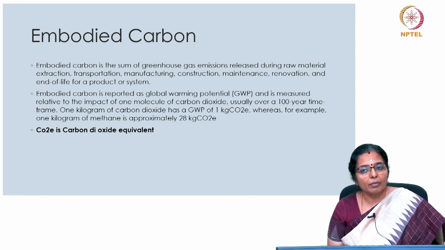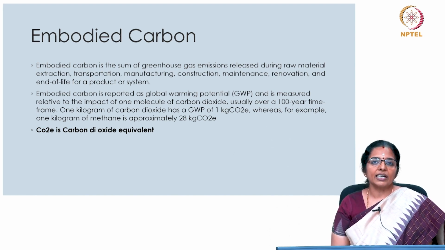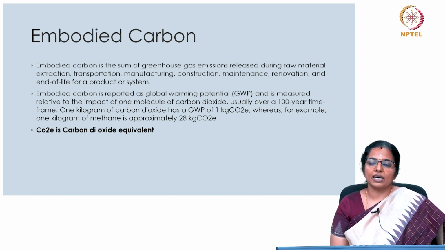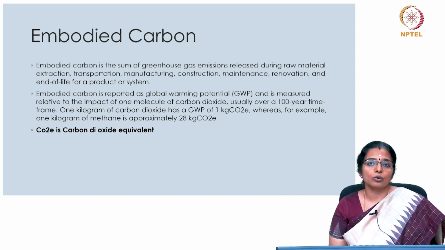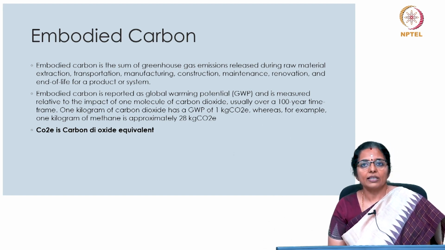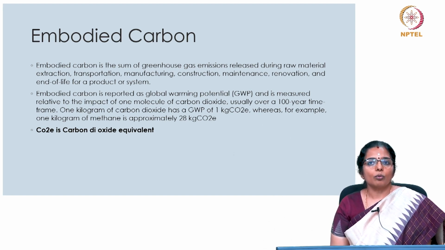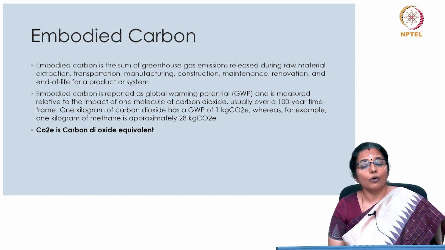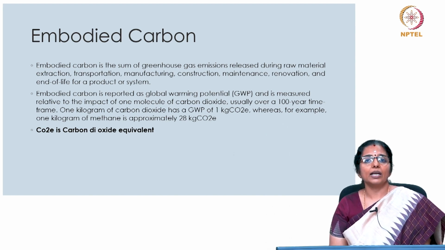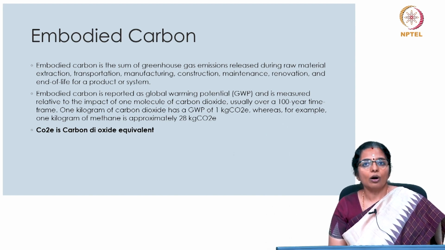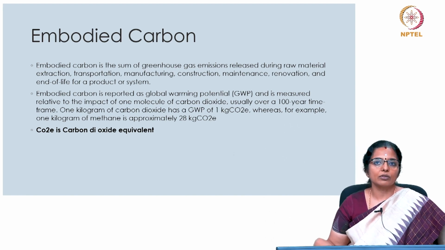You would remember we studied this in the preliminary classes of this course, where we saw the global warming potential of all 4 greenhouse gases along with the carbon dioxide equivalent of the greenhouse gases.